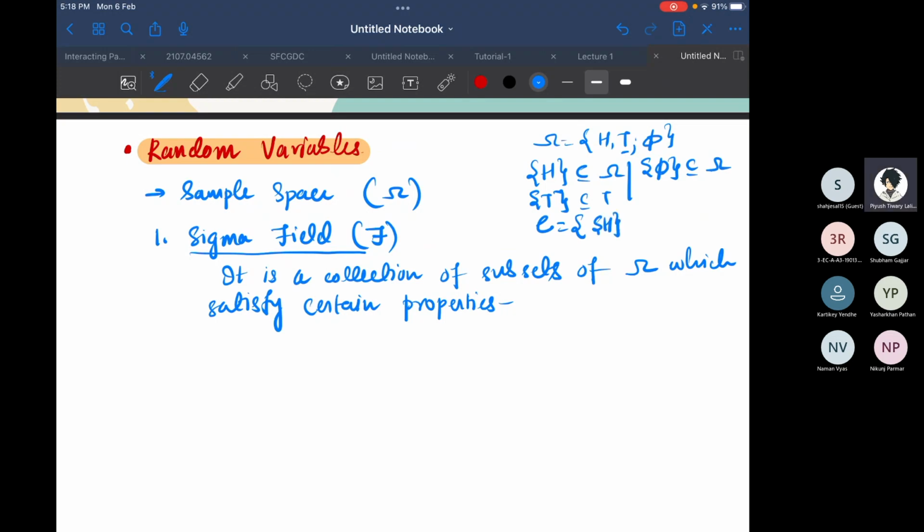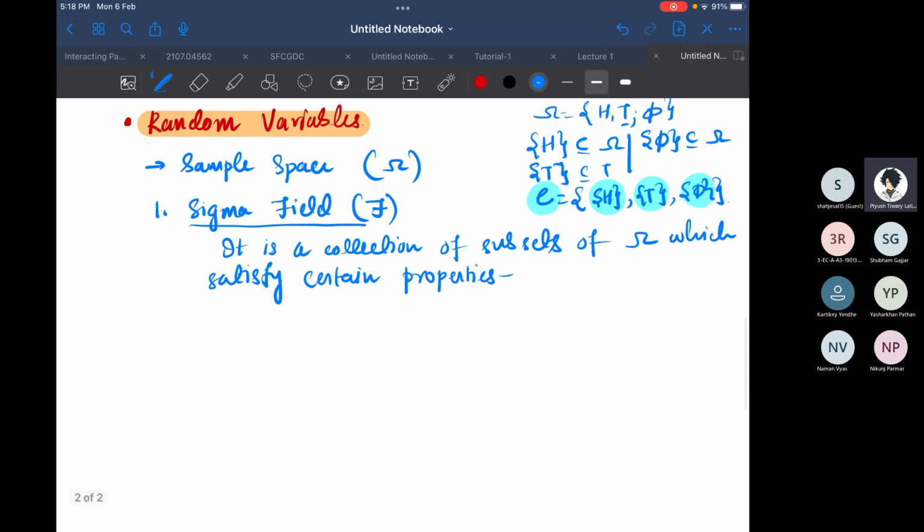It has H as one element, T as another element, and phi as another element. Each of these is a subset of omega, and we have put these subsets together in one set and called it C. So it is a collection of subsets.